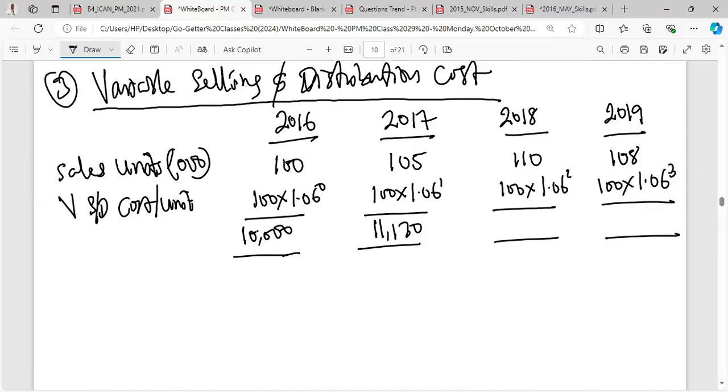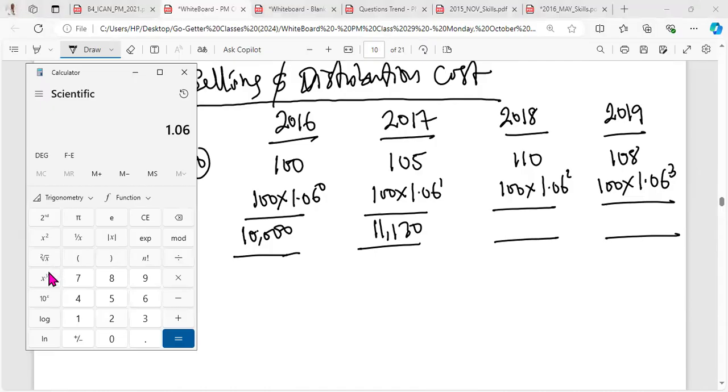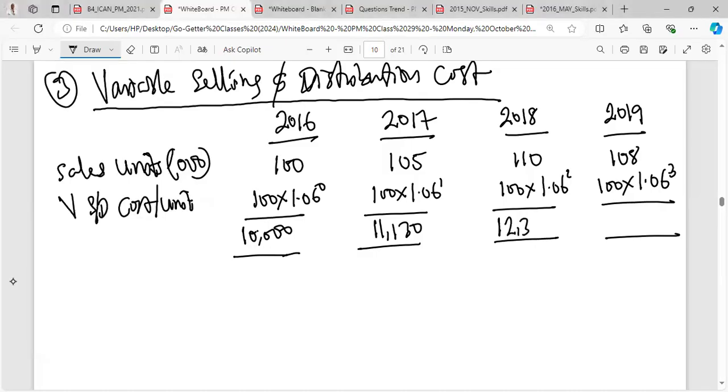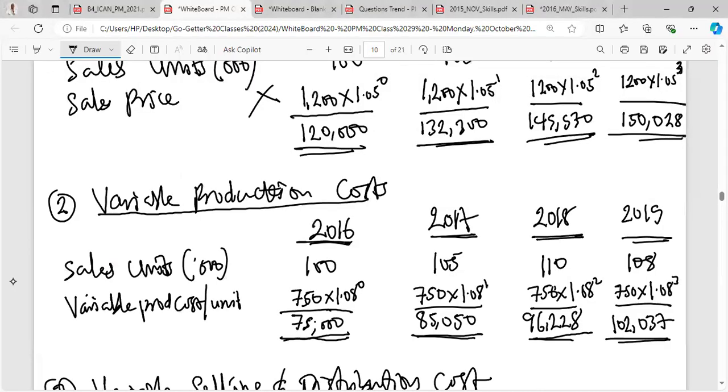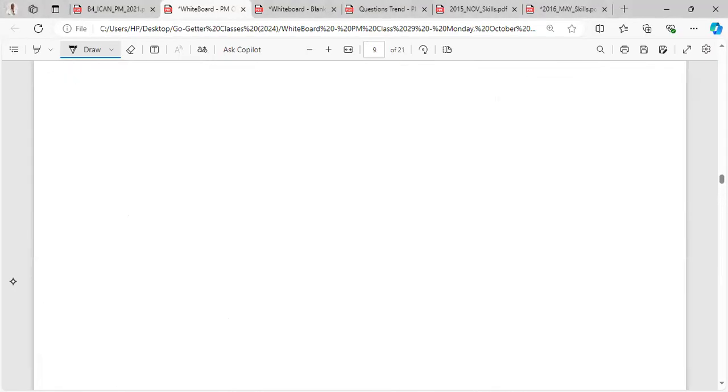So now this is going to be 1.06 raised to power 2 multiplied by 100 and multiplied by 110. That will give me 12,360. So we'll take it down and write it down.